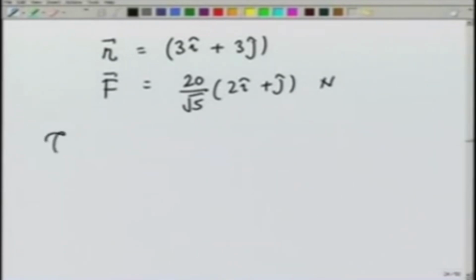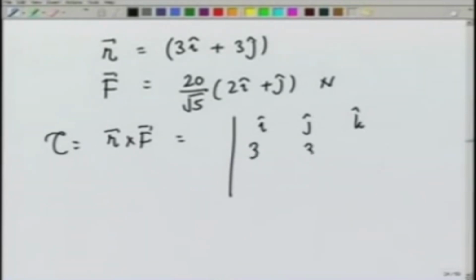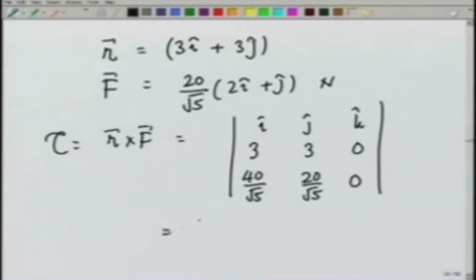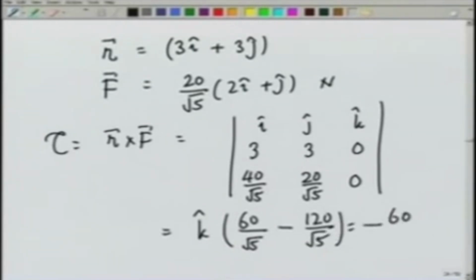So, if I calculate torque, which is r cross F, it is going to be equal to the determinant i j k, 3 3 0, 40 over root 5, 20 over root 5 and 0. Again it gives only a non-zero component in direction k, equal to 60 over root 5 minus 120 over root 5, which is minus 60 over root 5.